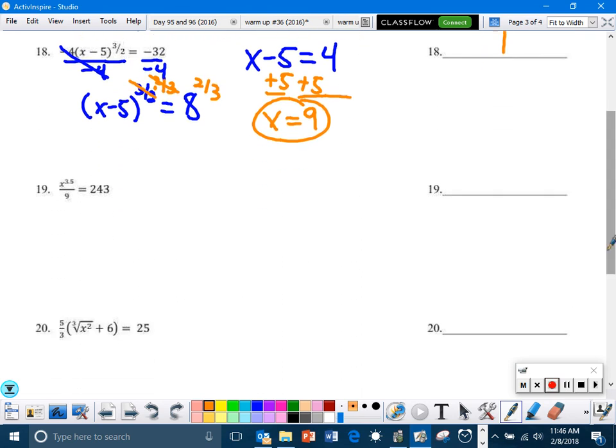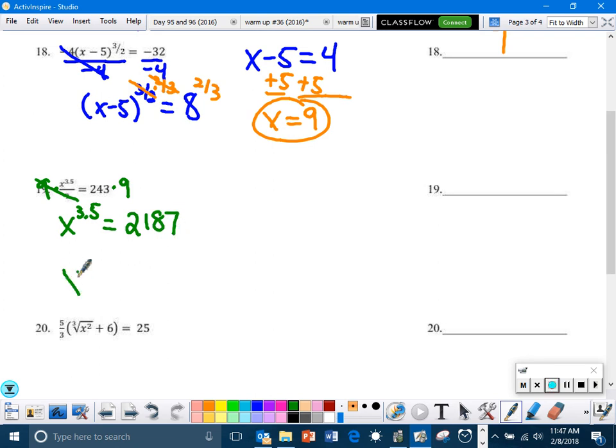Number 19. First thing we want to do is get rid of the 9. The 9 is in the denominator, so we're going to multiply both sides by 9. I'm left with x to the 3.5 power equals 243 times 9, which is 2,187.